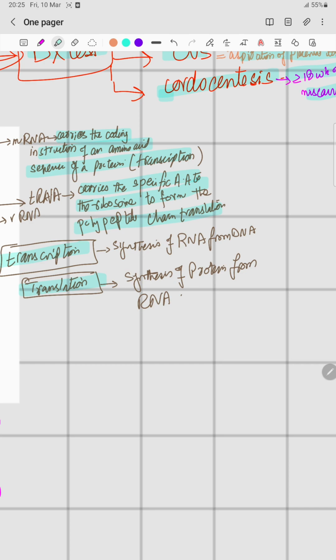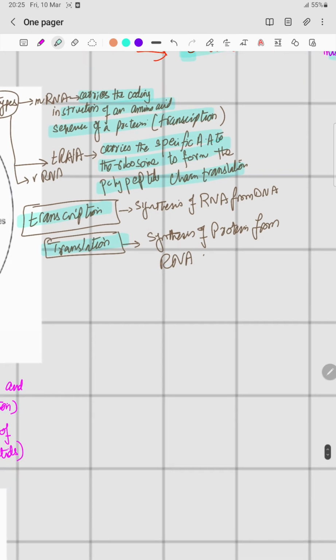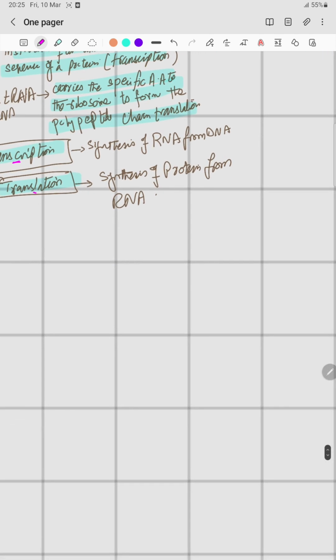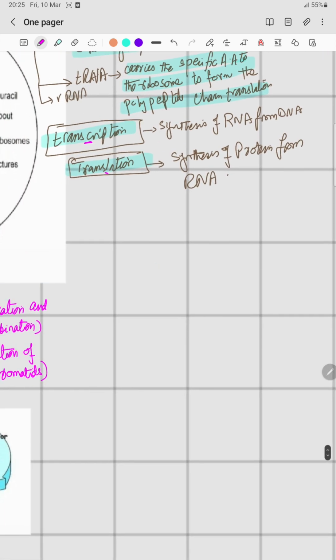Okay, how are you going to memorize this? The C comes first in transcription. Just remember the C comes first, and then L comes later in translation. We know that transcription will come first and translation will come later. And then how are you going to remember the next thing, that we have DNA, and DNA needs replication. What happens is these two strands are going to form the RNA first.